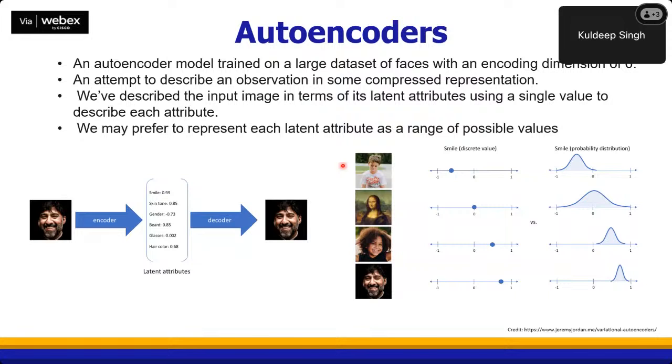So we are attempting to describe this observation in some compressed representation of dimension 6. With the help of this encoder, we have described this image in terms of latent attributes, and these latent attributes have a single value. For smile here, we are using 0.99, which is a single value. You can consider the normalized range from 0 to 1. Similarly, for skin tone, let's say the single value is 0.85.